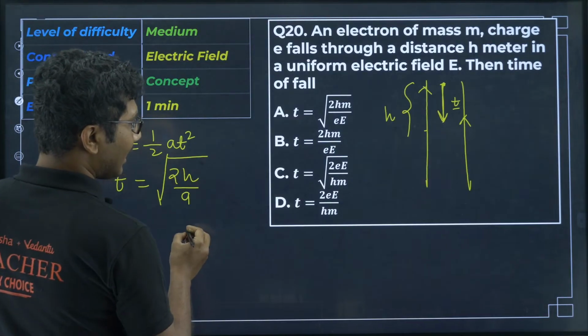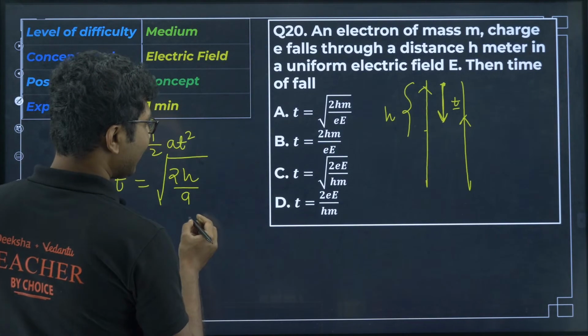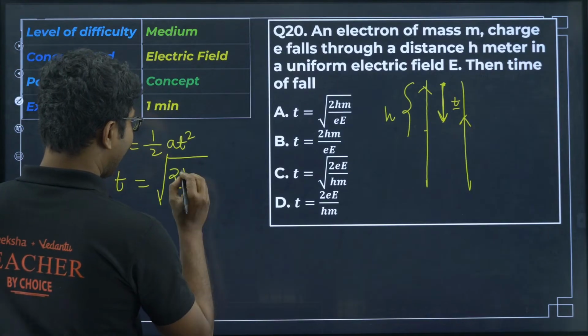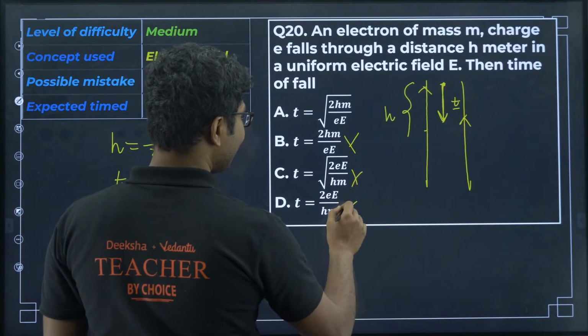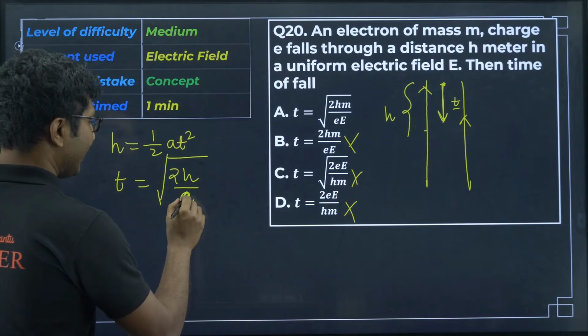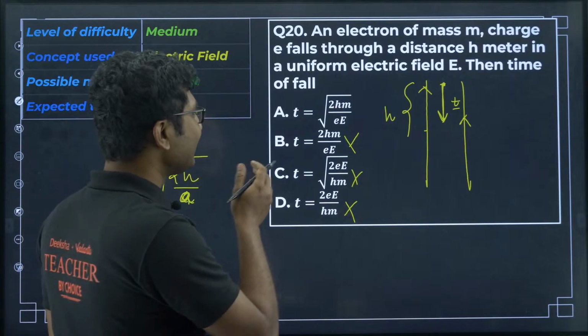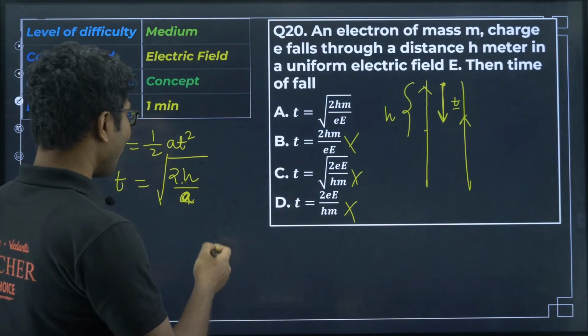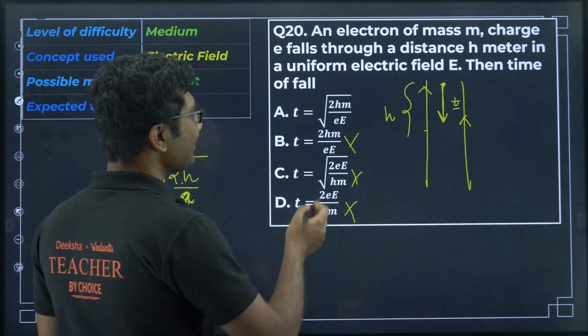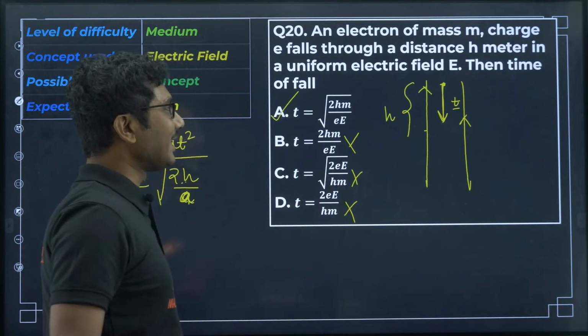Okay. Now, one thing is sure that definitely this is not possible, this is not possible, this is also not possible. Even if you have not calculated the acceleration, you know that the answer should have a square root of h. So, only one option has the square root of h, that is option A. So, option A is the correct answer.